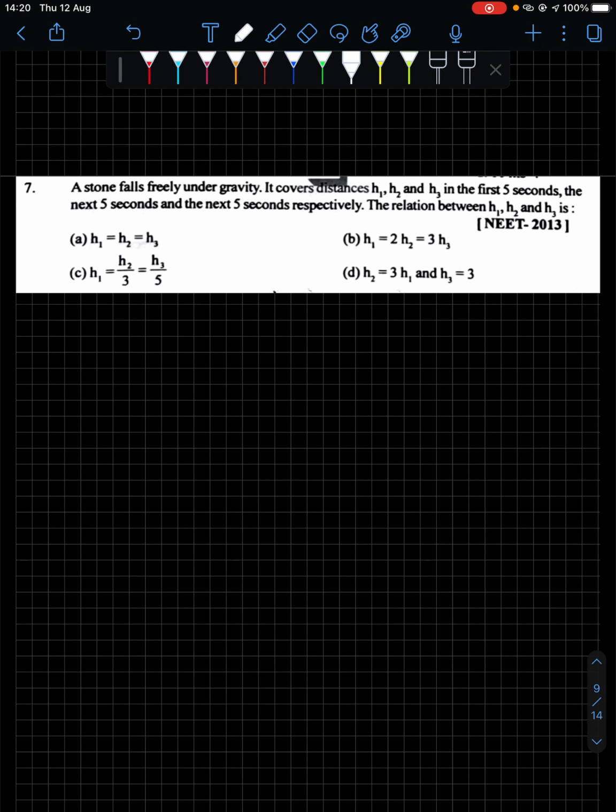Question number 7. A stone falls under gravity. It covers distance h1, h2, h3 in the first 5, second 5 and third 5 seconds. Relation between h1, h2 and h3 is what? So your condition is like this: the stone falls, say it covers h1 in first 5 seconds, h2 in second 5 seconds and h3 in third 5 seconds, right?